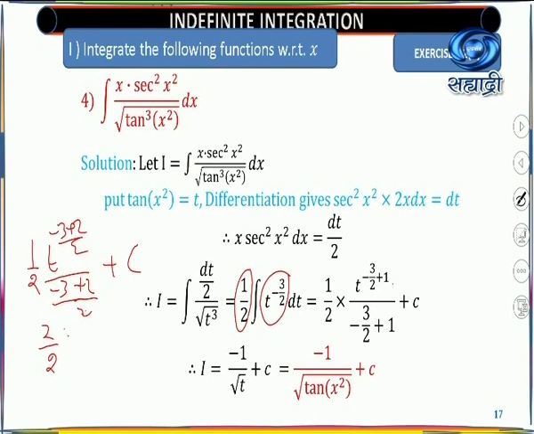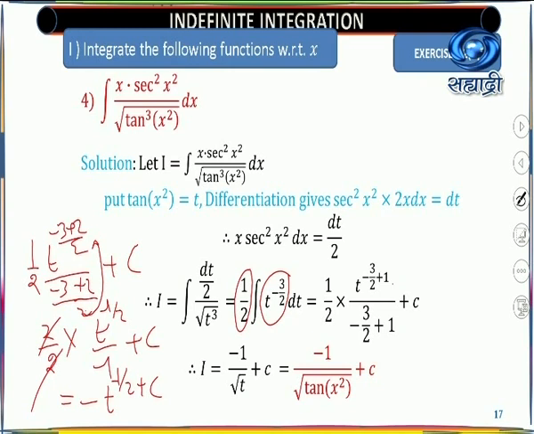So 2 upon 2 into t raised to minus half upon minus 1 plus constant of integration. This 2 and this 2 will get cancelled, because the denominator goes to the numerator and 2 is in the denominator. So you will get minus t raised to minus half plus constant of integration.